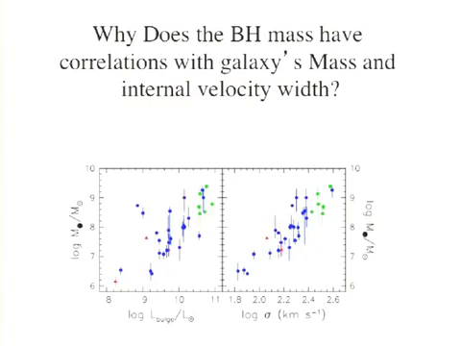I'm plotting here the following: as a function of the velocity dispersion and the mass of the black hole in solar masses, 10 to the 7th, 10 to the 8th, 10 to the 9th, the velocity dispersion seems to go up.